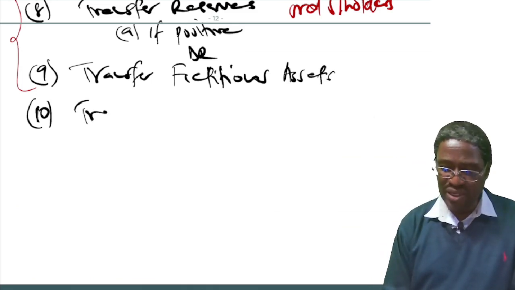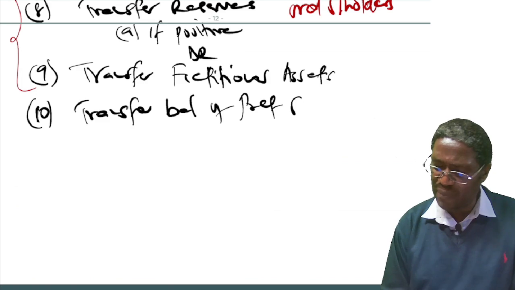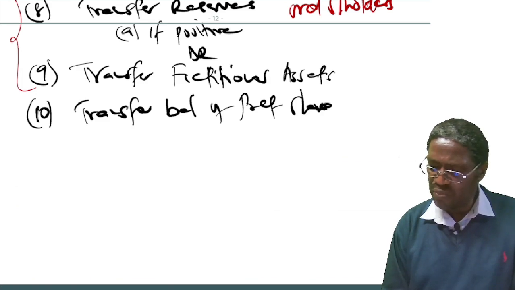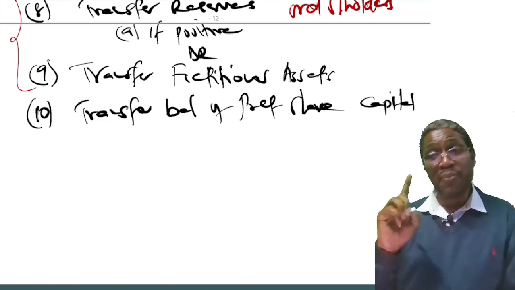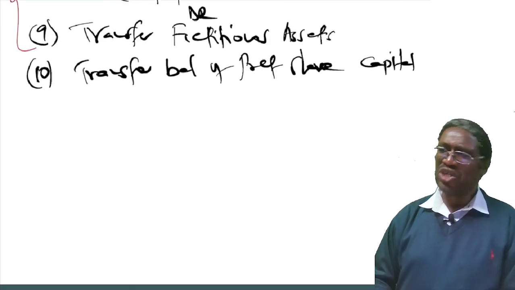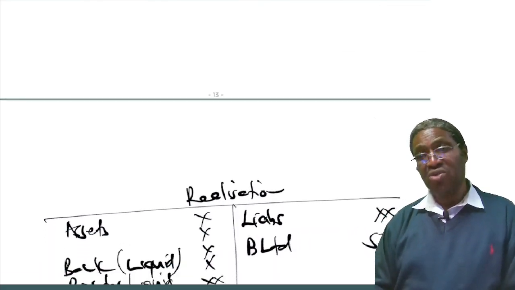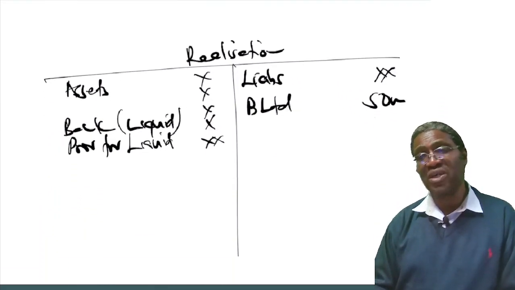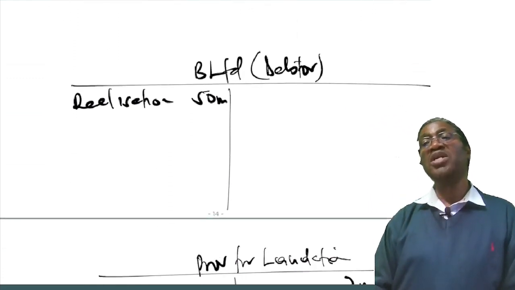You transfer the balance of preference share capital to an account we shall be calling preference shareholders members account, so that you don't pay them in piecemeal, you pay them only once.